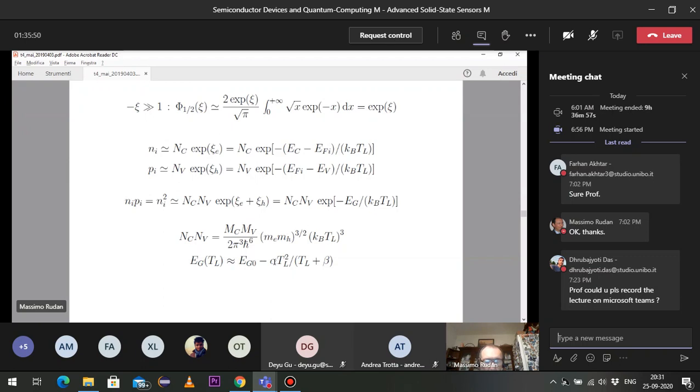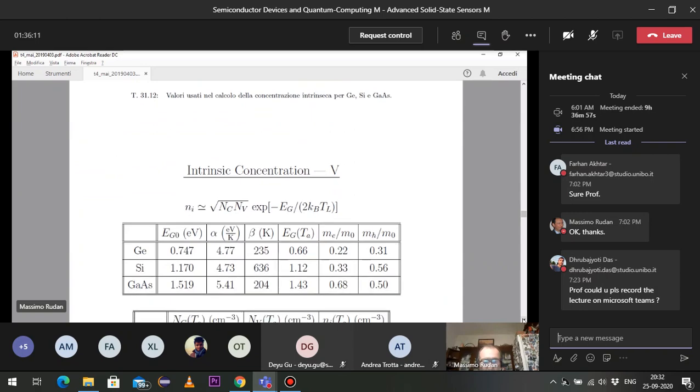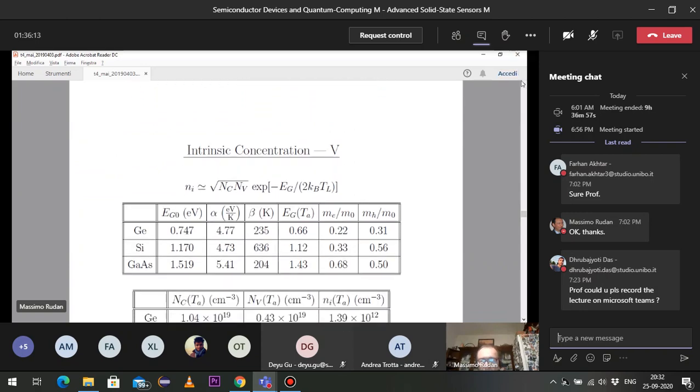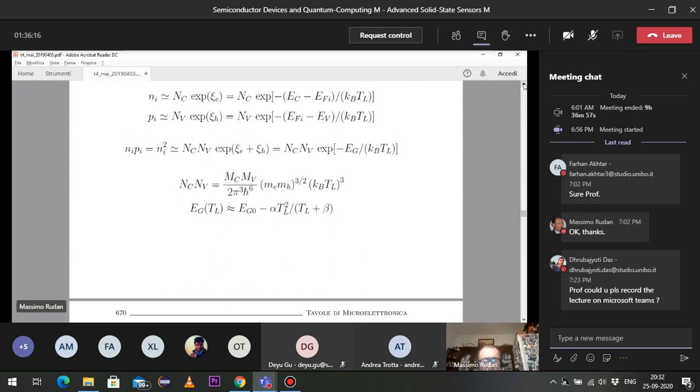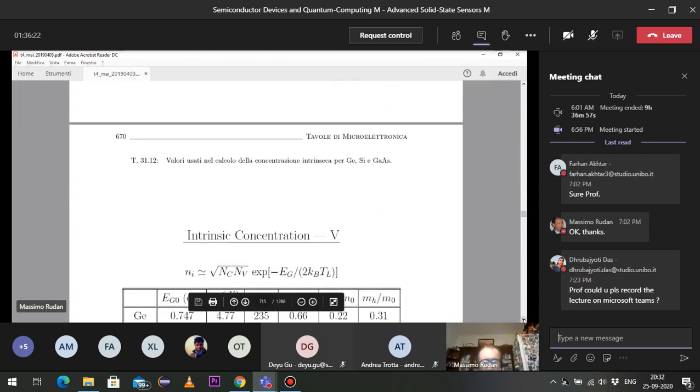Given that we could use the approximation of the Fermi integrals and replace them with exponentials, now we have a very simple expression of the intrinsic concentration. And probably we have a set of tables or graphs. Yes. If you take the square root of Ni squared, you obtain Ni.